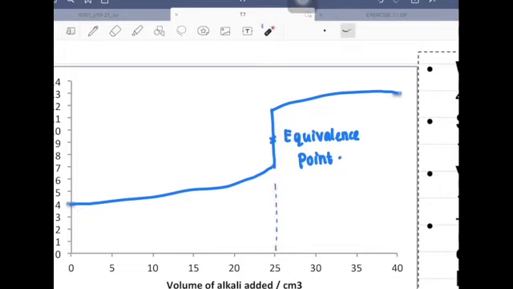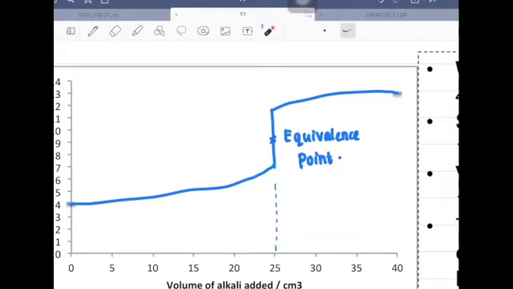Okay. Now, I forgot to mention for the previous graph, what if we had the reverse order? This time we have alkali in the conical flask and acid in the burette. No problem with that.